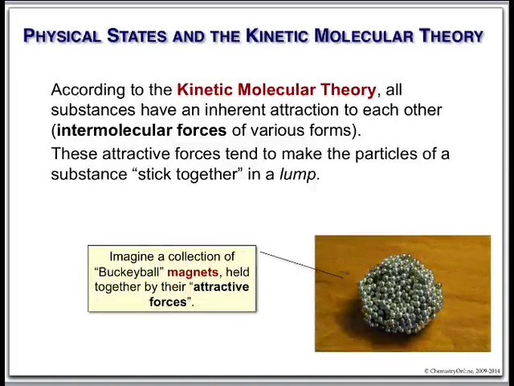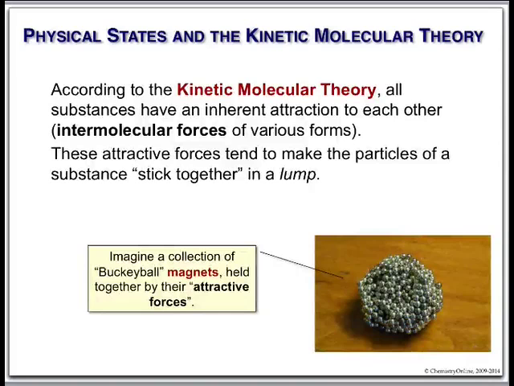That's because they have an attractive force for each other. Well, it turns out that every particle in the universe has an attractive force for every other particle. In general chemistry, we will refer to this as intermolecular forces. Things just attract each other. And there's lots of mechanisms for how that happens. But, bottom line, they just attract each other.